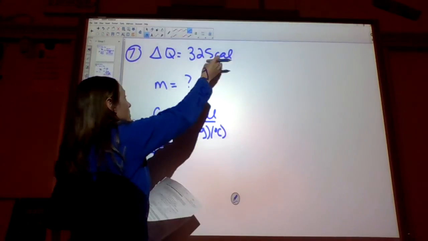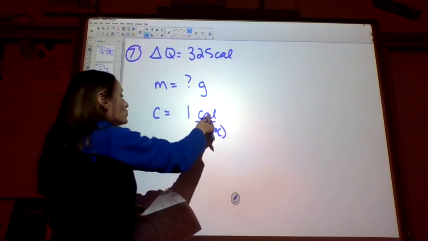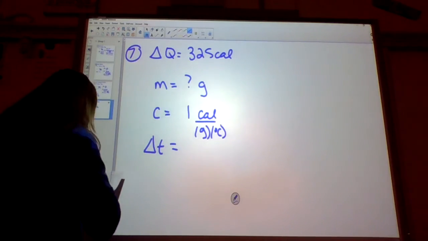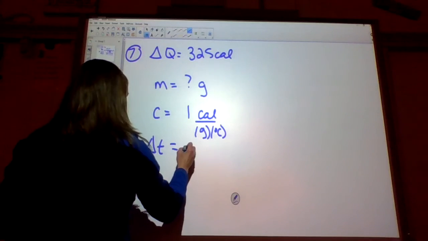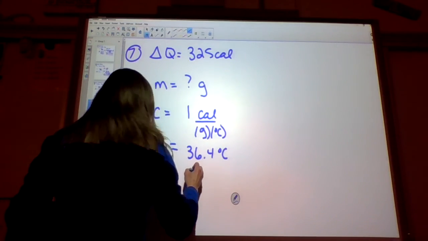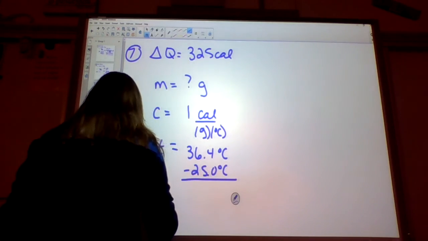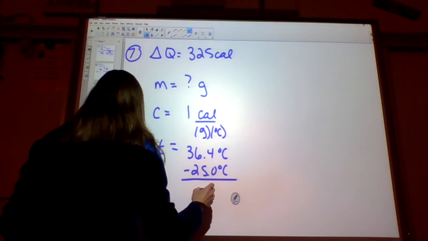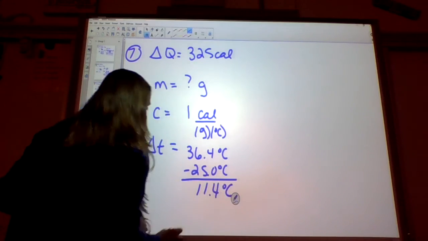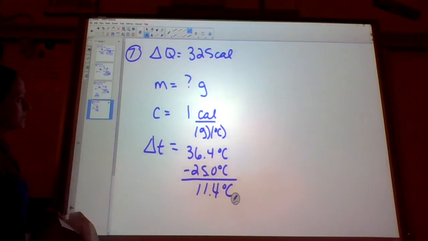If this was measured in 325 joules, then we would put 4.184 joules over grams times degrees Celsius. And then we're going to find our change in temperature. Okay, so our change in temperature is going to be 11.4 degrees Celsius.